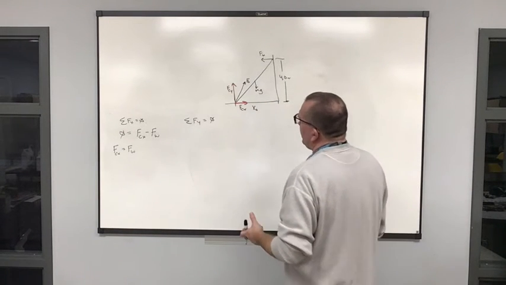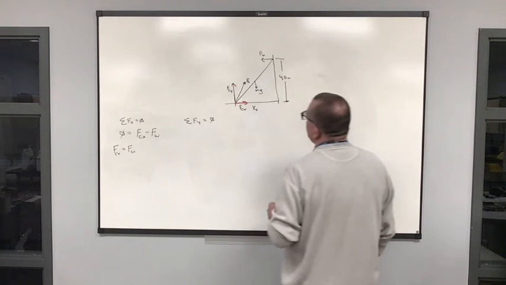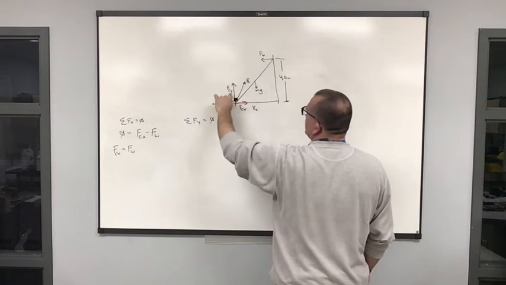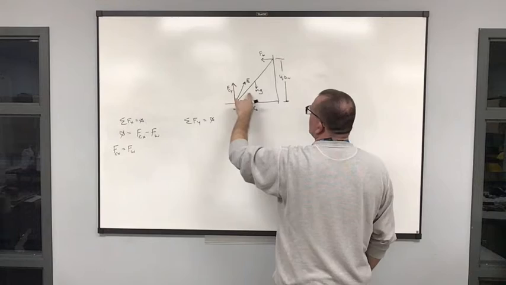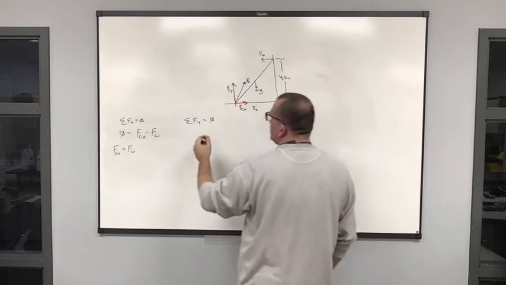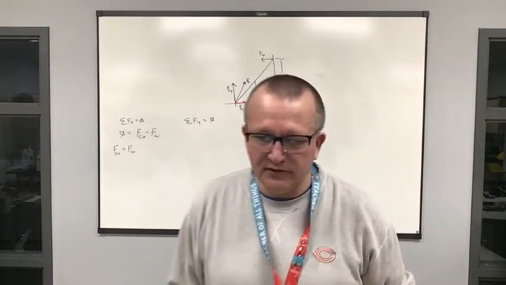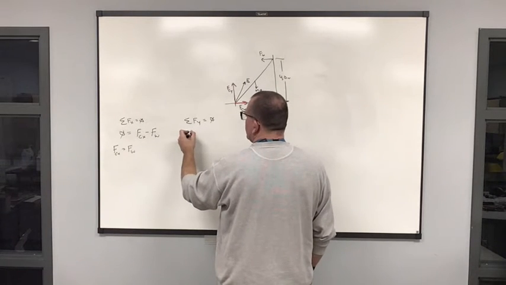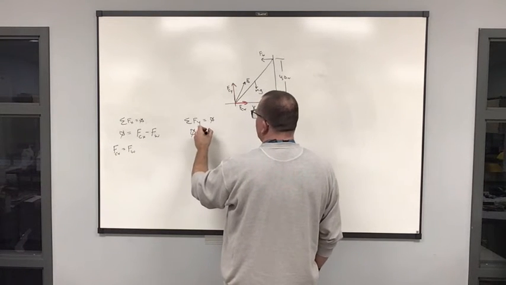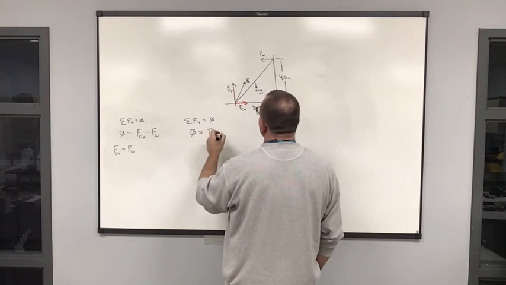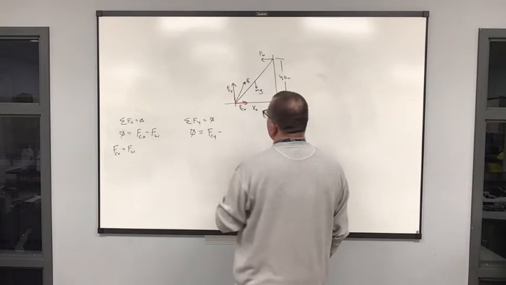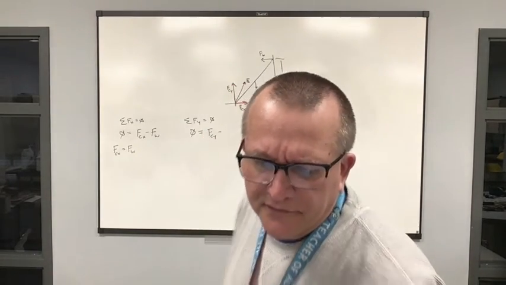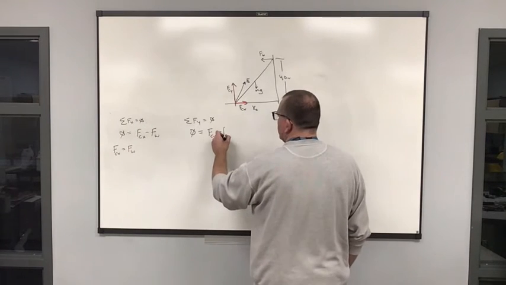If our forces in the y are equal to 0, let's look what we got in the y. All right, so going up, we got the cement force, and going down, we got the weight. And I think that's all I saw, yeah. So on the y, 0 is going to be equal to the force of cement in the y minus the weight of the ladder. Now the ladder has a mass of 12 kilograms.